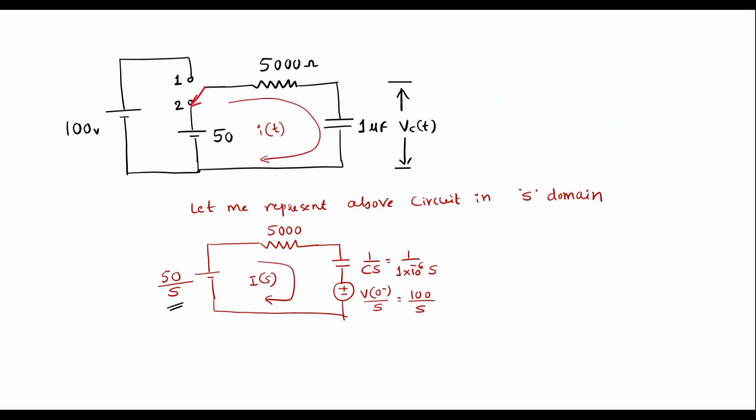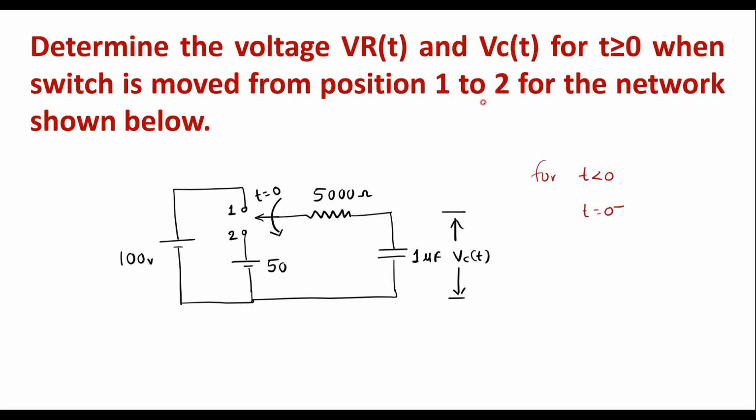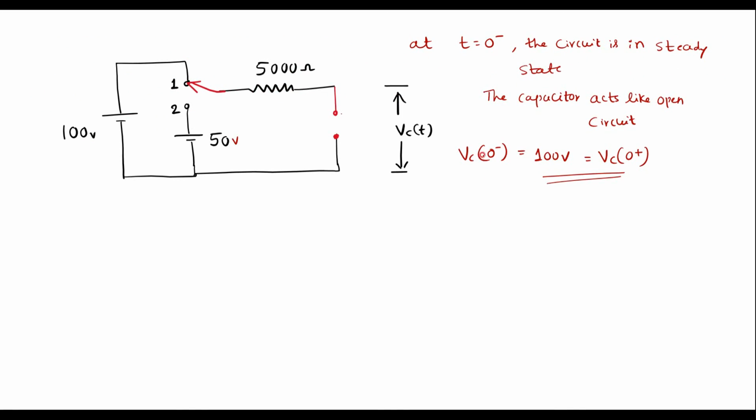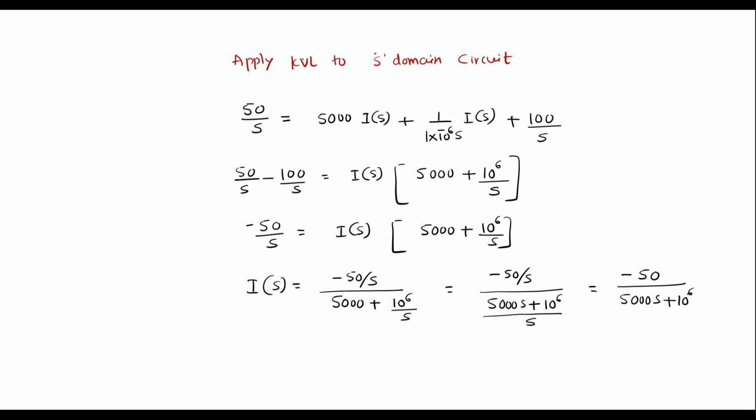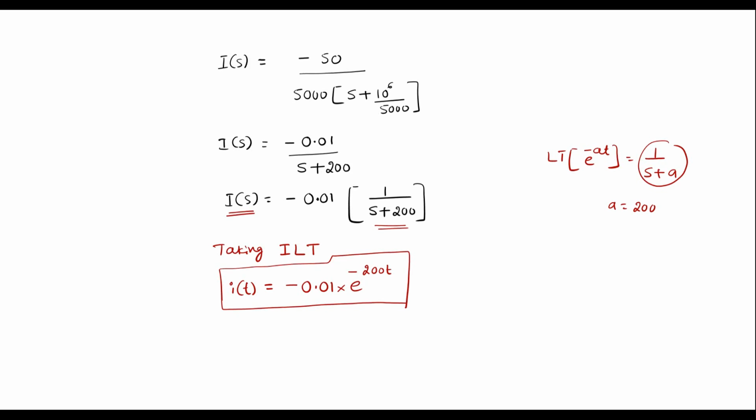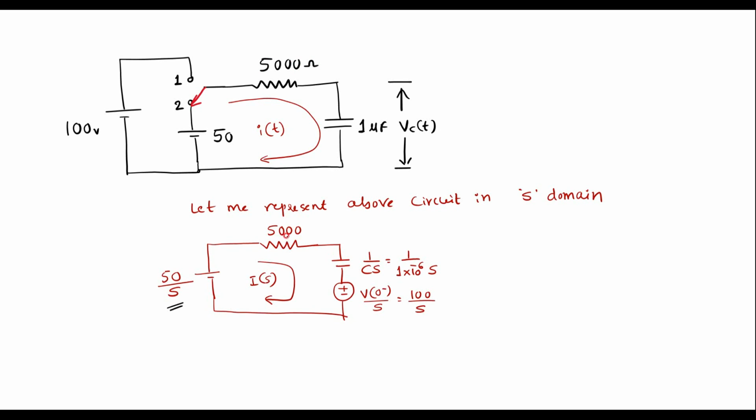Here it is asked for VR of t and Vc of t for t greater than 0. So Vc of t is already found for t greater than 0, that is Vc of 0 plus, which is nothing but 100 volt. So Vc of 0 plus is already calculated. Now let me calculate VR of t, that is the voltage across the resistor. Therefore we can write VR of t will be equal to the voltage across 5000, which will be 5000 into I of t.